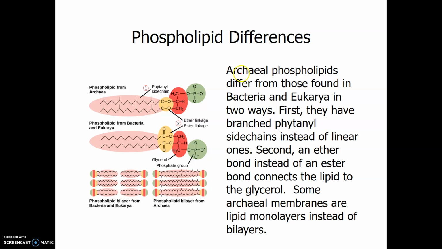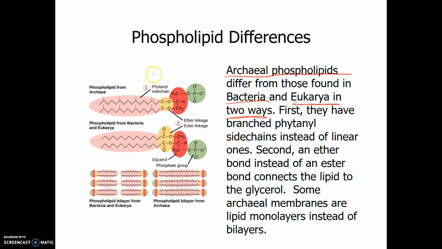Okay, so the archaea phospholipids differ from bacteria and eukarya in two ways. Even though the archaea and the eukarya are more closely related than either is to bacteria, when it comes to phospholipids, the archaea is different from the eukarya. So it's different from both bacteria and eukarya. So first they have branched side chains instead of linear ones.